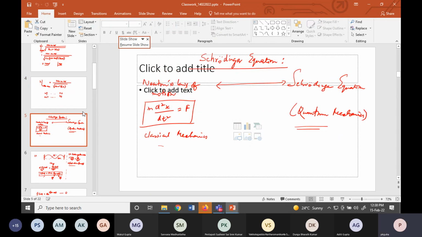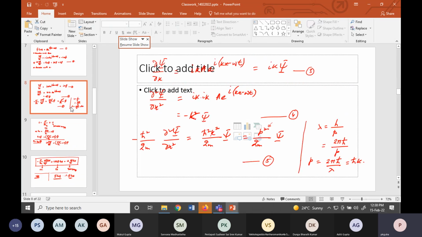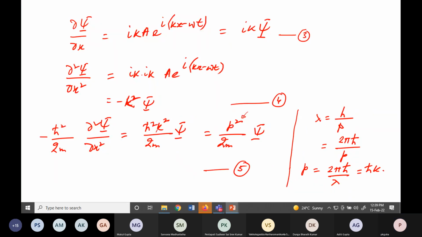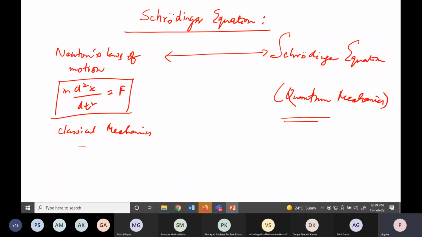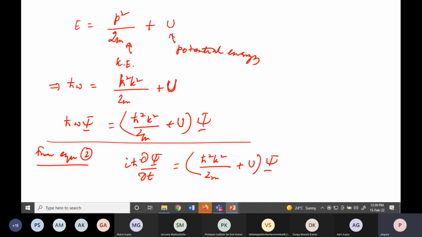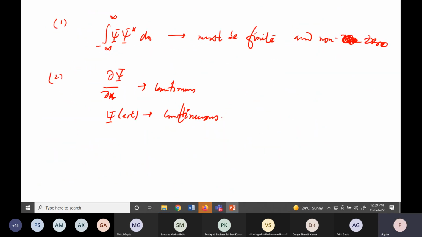Yesterday we wrote some conditions for psi, right? This is the thing. So psi x should be continuous and del psi del x should be continuous. So this we will use now.